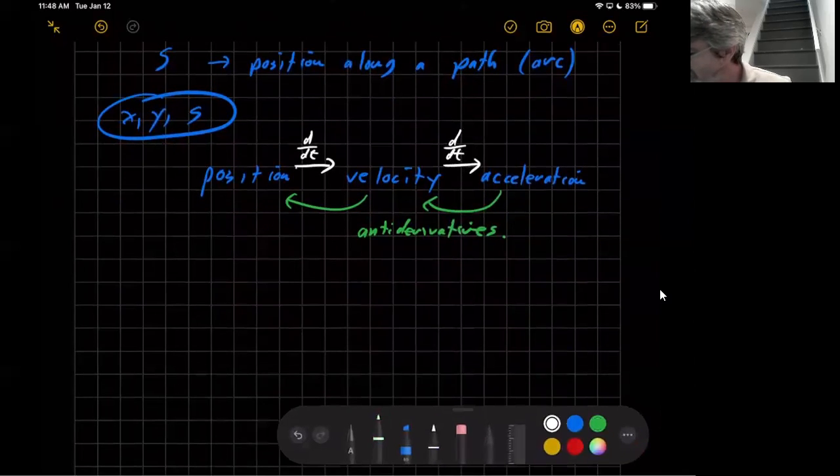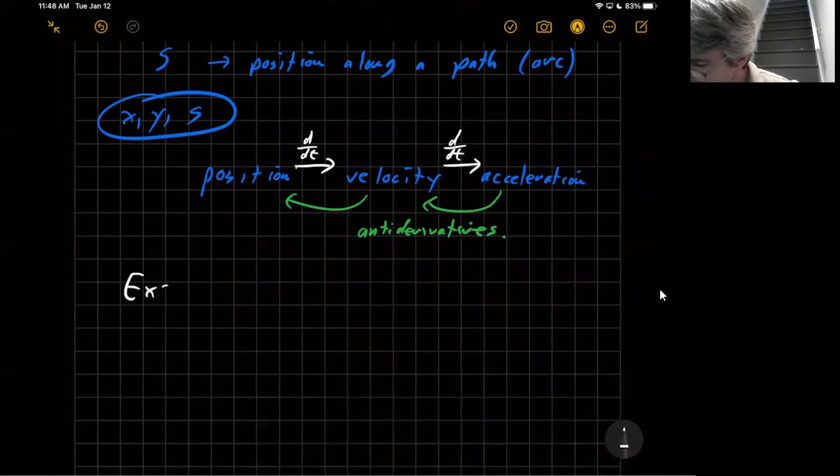Example one. Let's say that V of t is equal to 10t minus 2, where time is measured in seconds and velocity is in meters per second.